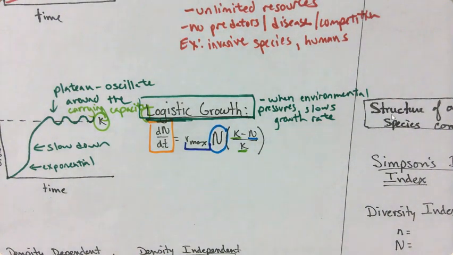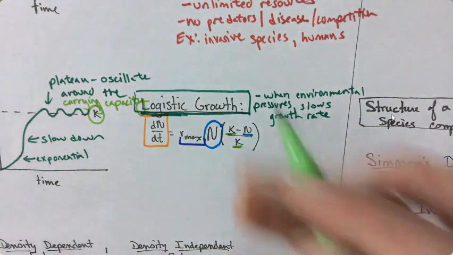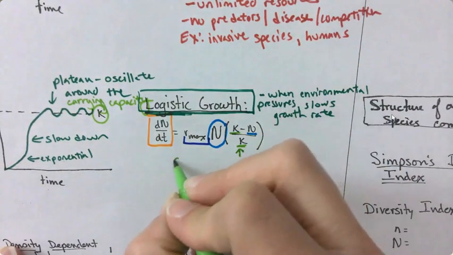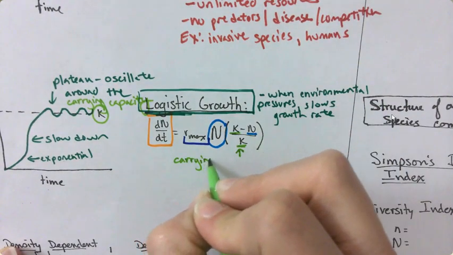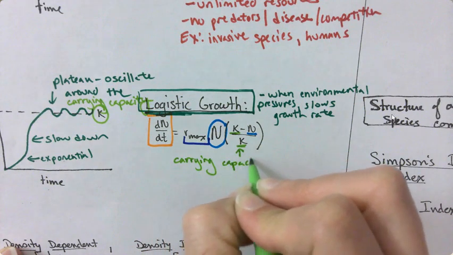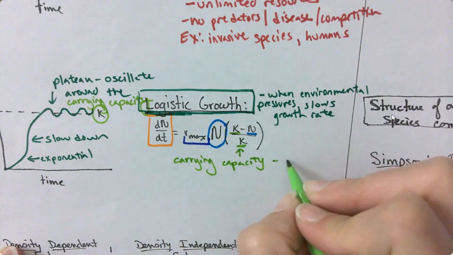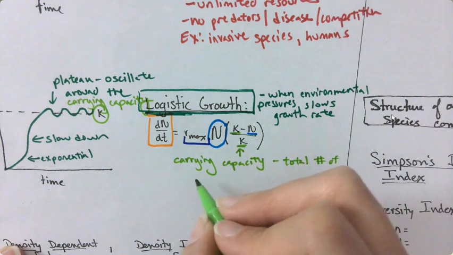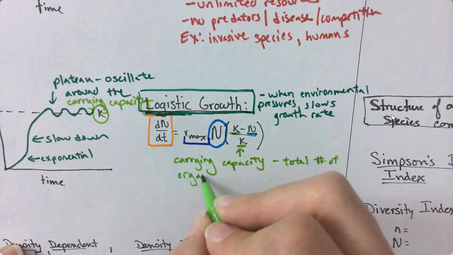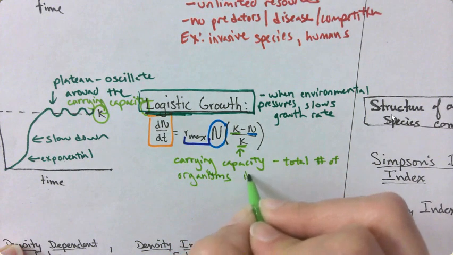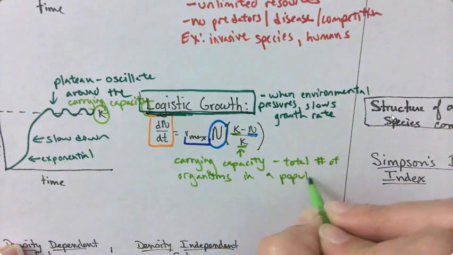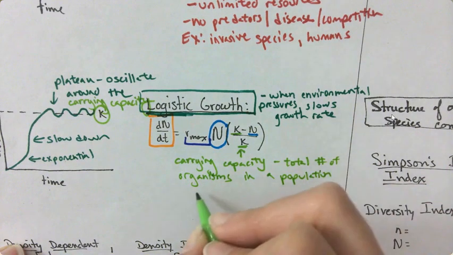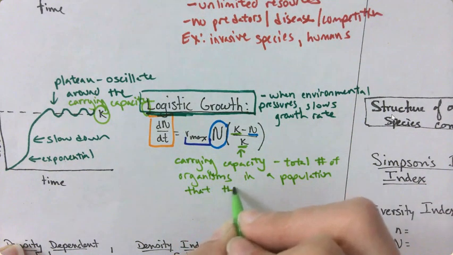And again, that takes into account this variable right here. So carrying capacity is the total number of organisms in a population that the environment can support.